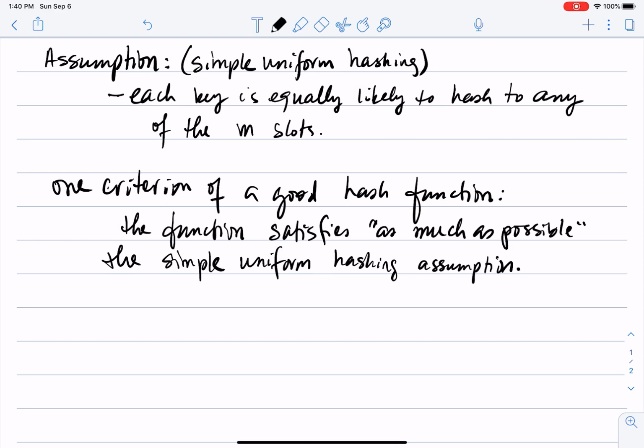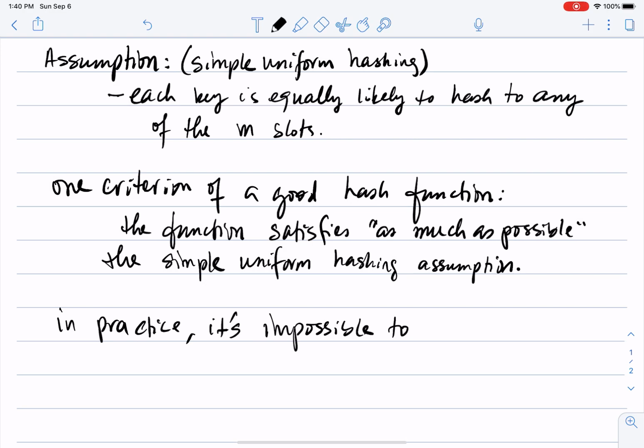Why do I write as much as possible? In general, in practice, it's impossible to verify whether a hash function satisfies the assumption.